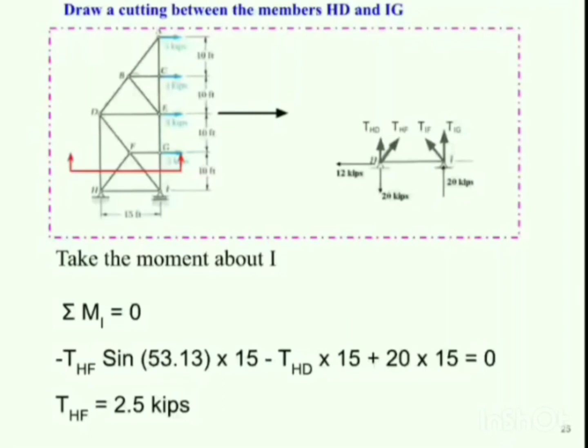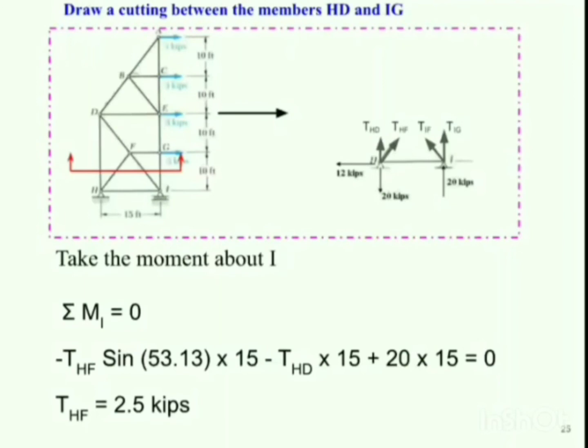So instead of using the two equations summation Fx and summation Fy, we'll directly use summation of moment about point I, so that the two forces TIF and TIG, as they are having the line of action passing through point I, their moment would be 0 about point I. Hence we'll be left with only one unknown THF. So by finding out the moment about point I, we get the value of THF, that is 2.5, and in this way we have found all the unknown member forces.